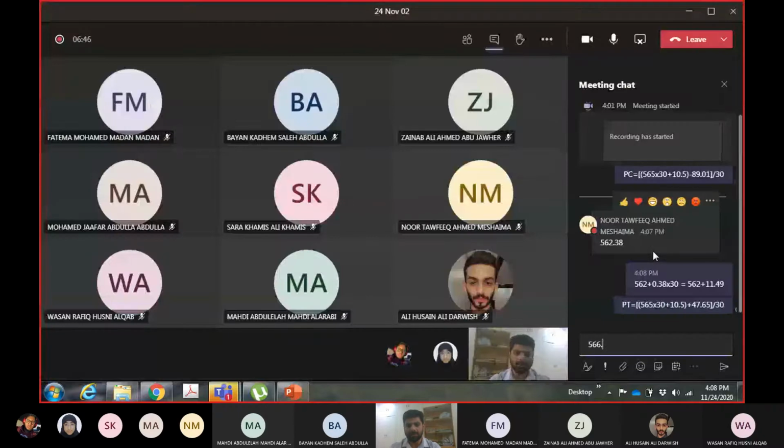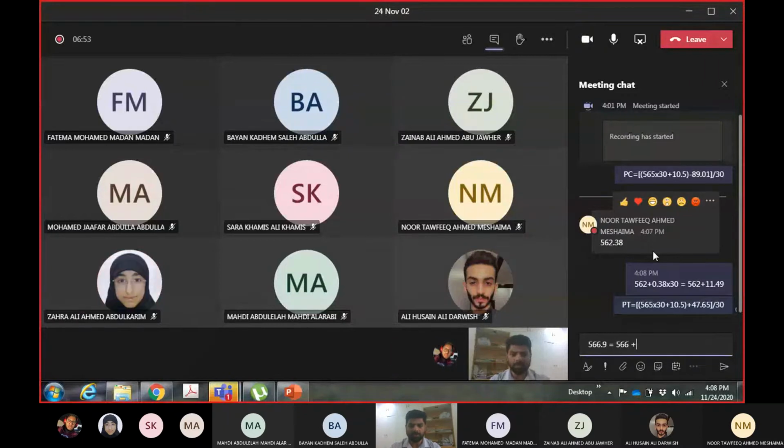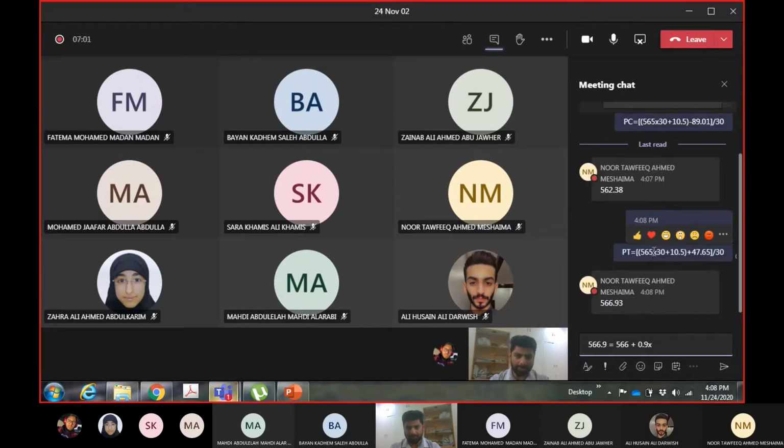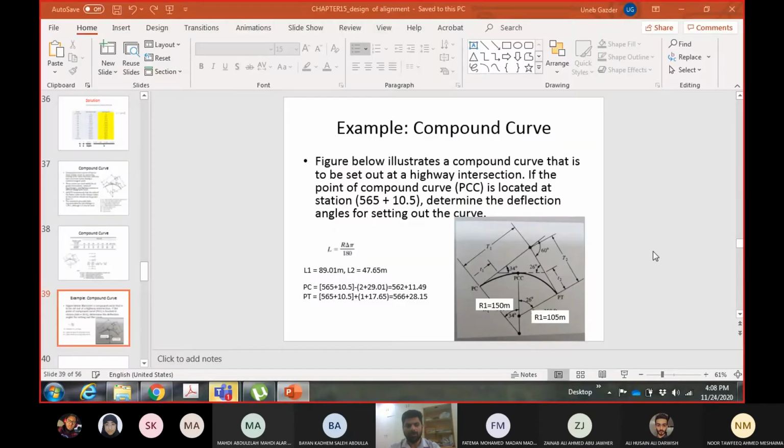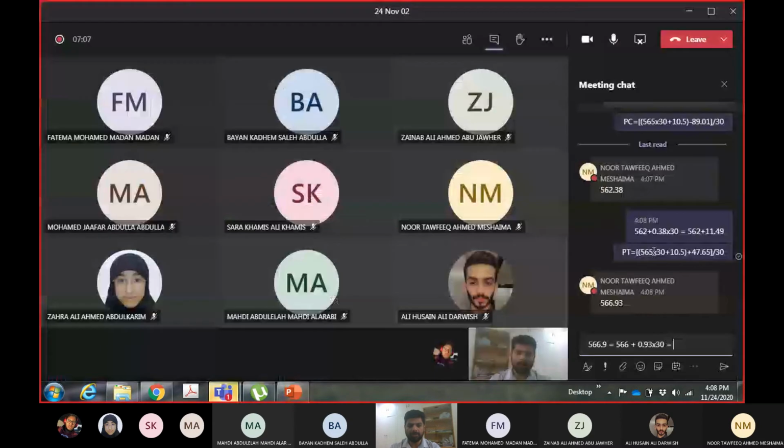So it will be 566 full stations plus 0.93, into 30, it will be 566 plus 28.